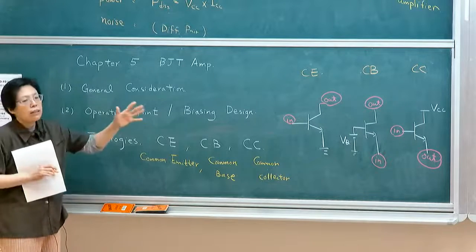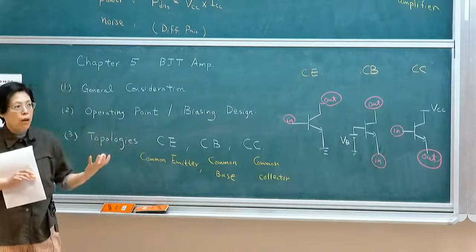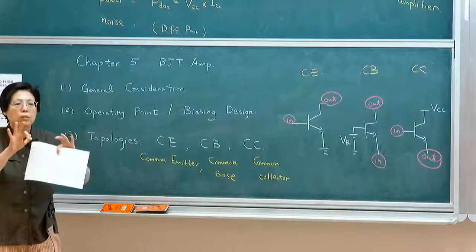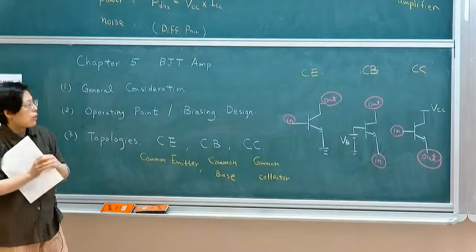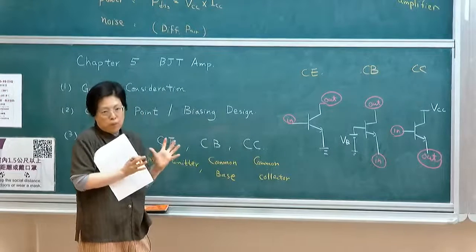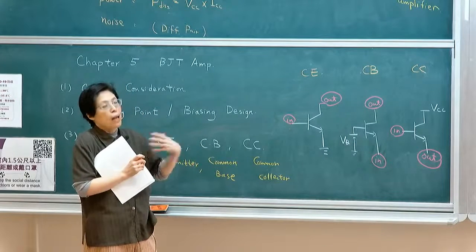It has all these three components. You want to use these components to meet the various requirements at each stage, so you have multiple stages to construct a more ideal characteristic of your amplifying circuit.